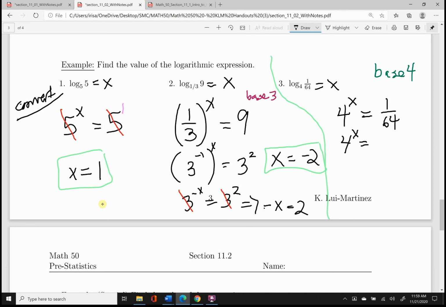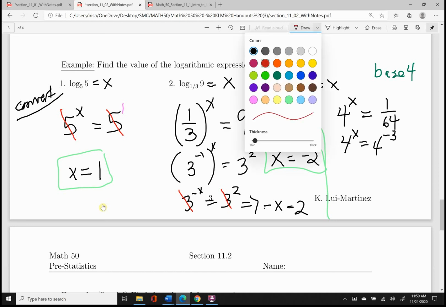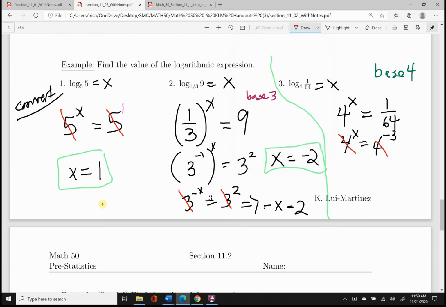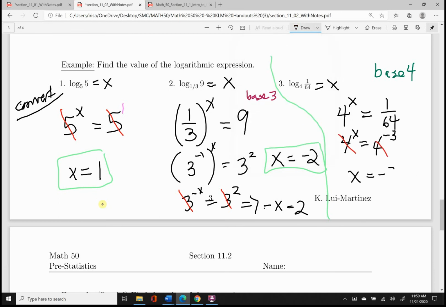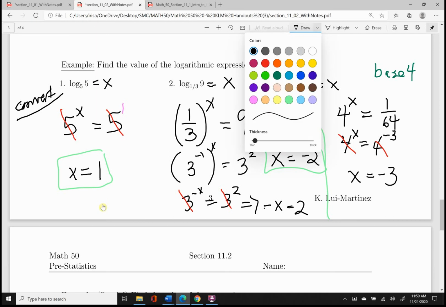So 64, if you're not familiar with that number as a base 4, it's 4 to the third power, but it's in a denominator space, so we're going to rewrite this as 4 to the negative third power. Now you can drop those bases. X equals negative 3. Donezo. And we're going to box that up and call it good.